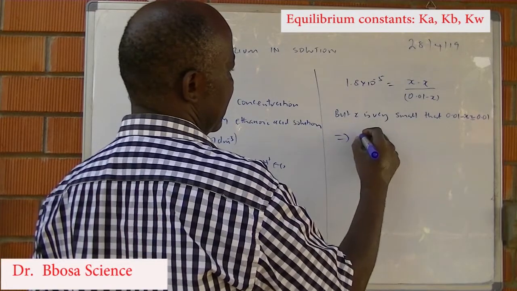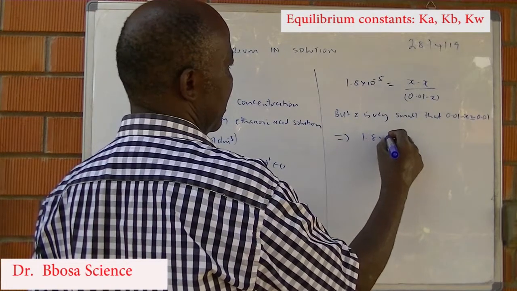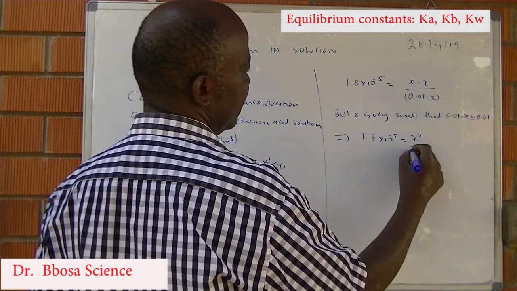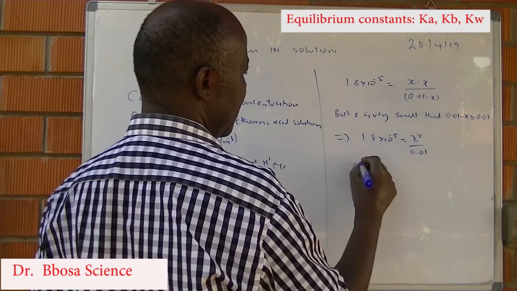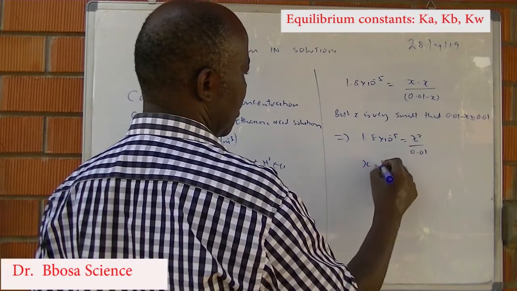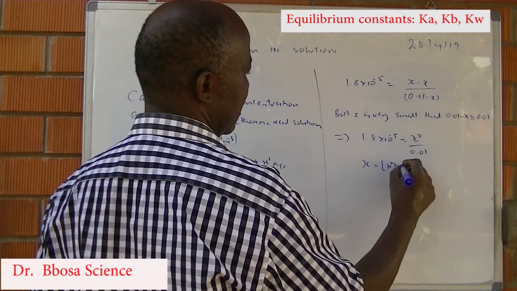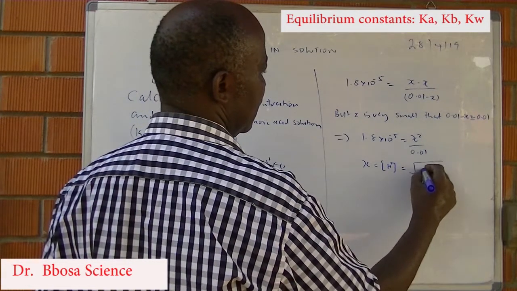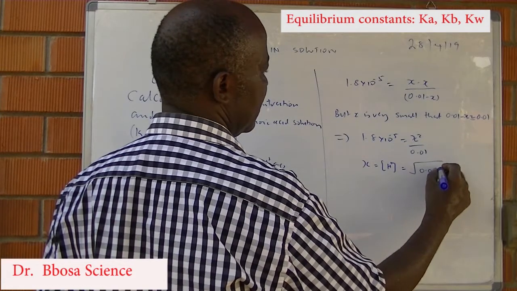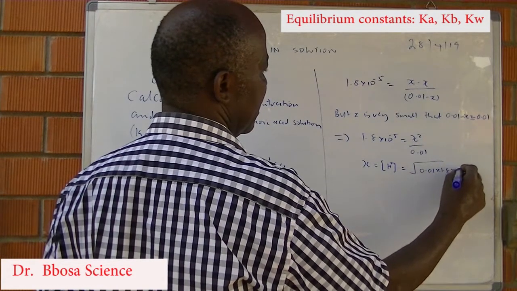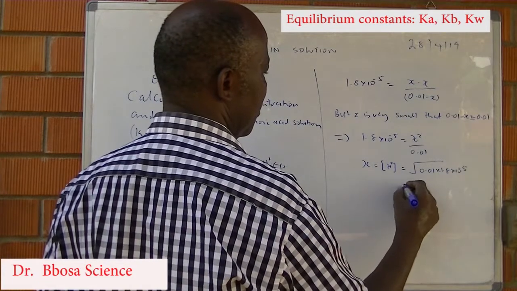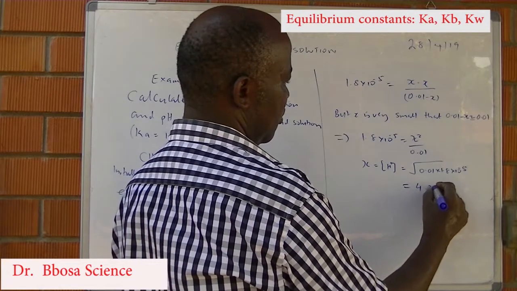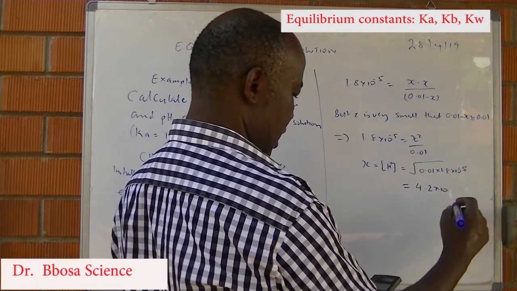It implies that 1.8 times 10 to the power negative 5 will be equal to X squared over 0.01, and X, which is equal to the concentration of hydrogen ions, will be equal to the root of 0.01 times 1.8 times 10 to the power negative 5, which is equal to 4.2 times 10 to the power negative 4.